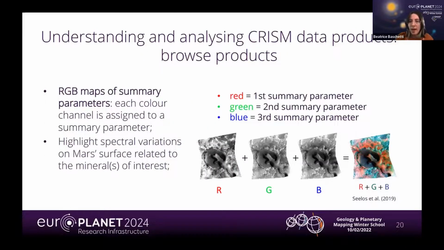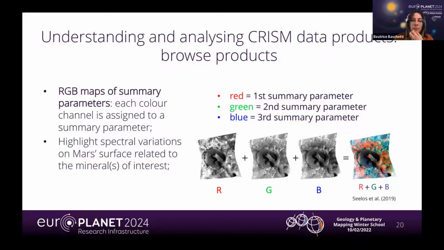We can also combine these spectral parameters in an RGB map, which is called a browse product. Here each color channel is assigned to one summary parameter. Browse products are useful because they highlight some spectral variations on the surface, which are related to several features of the spectrum.